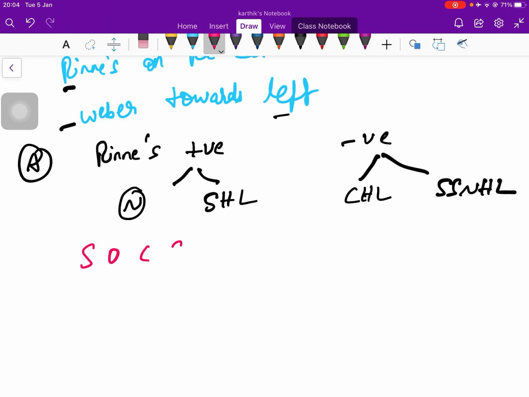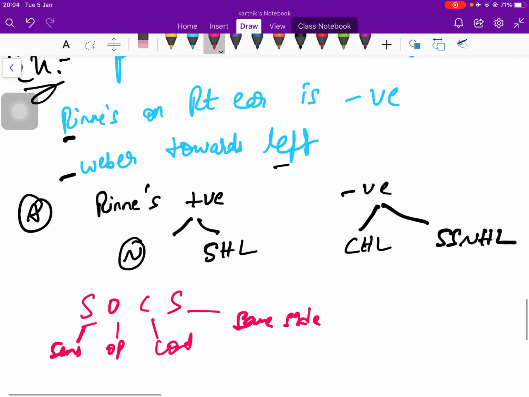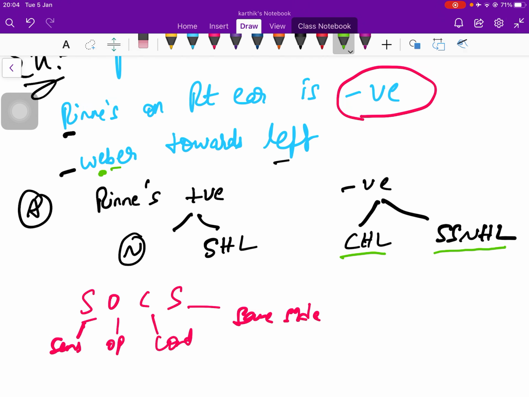Just remember the mnemonic SOCS: sensory opposite, conductive same side. Now in the question, Rinne's is negative, so it can be either conductive hearing loss or severe sensory neural hearing loss. To differentiate, we do Weber's test.